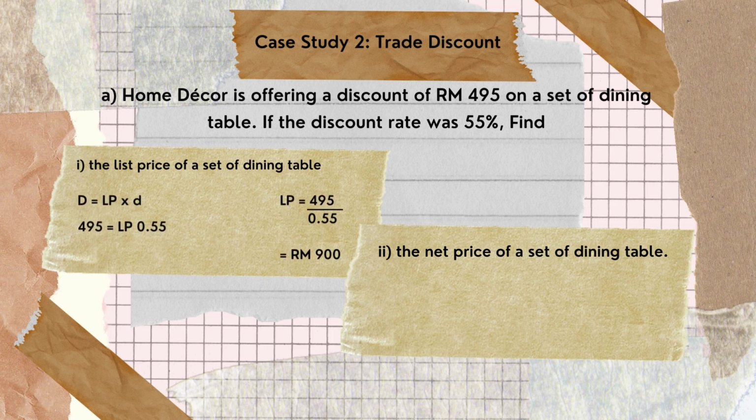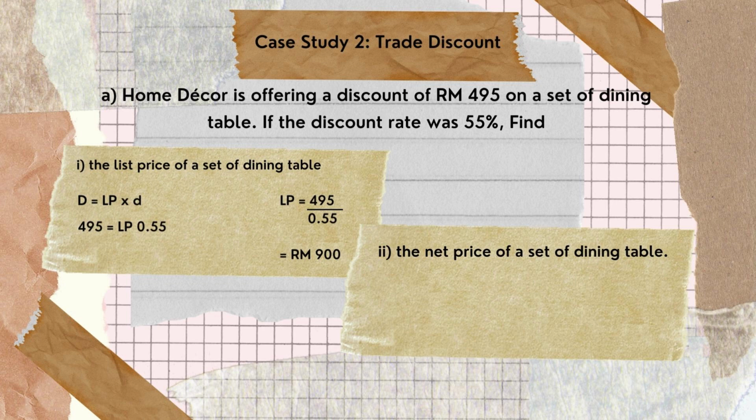The formula is discount equal to list price times rate. To find the list price, RM495 divide by 0.55. By using this formula, we can find the list price for a set of dining table, which is 900. 2a second Roman. The question asks to find the net price of a set of dining table.